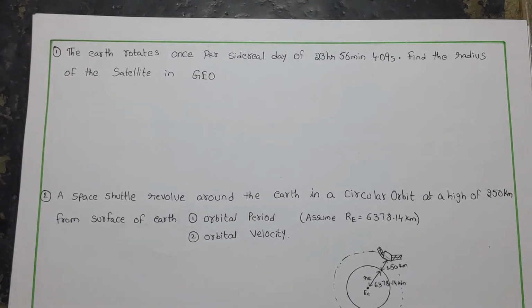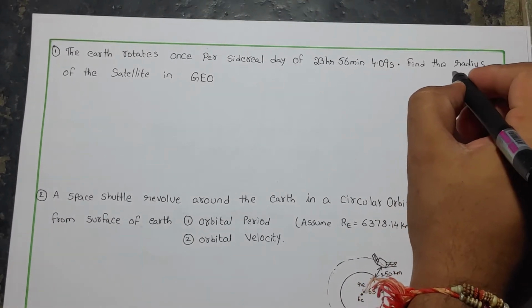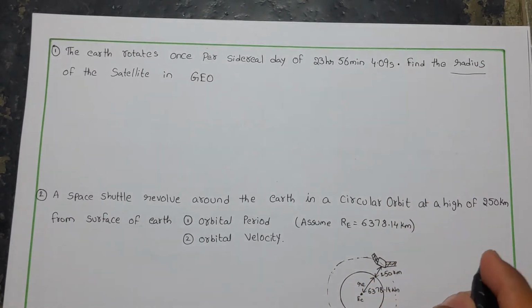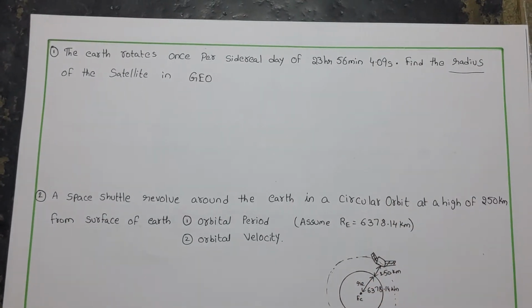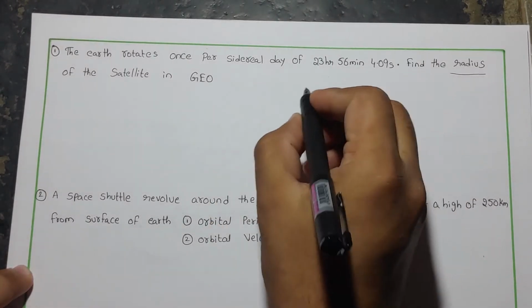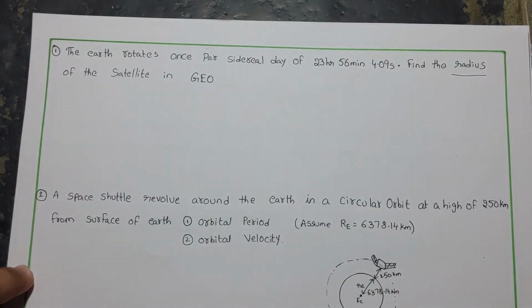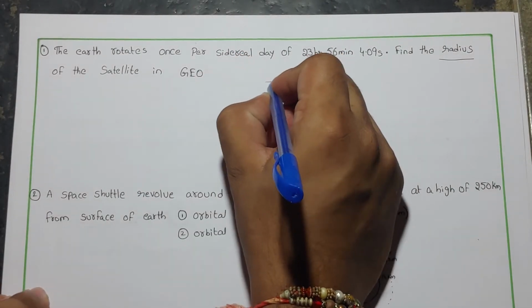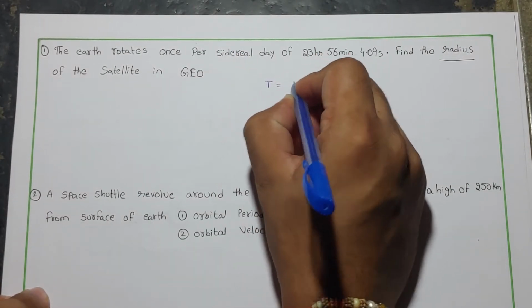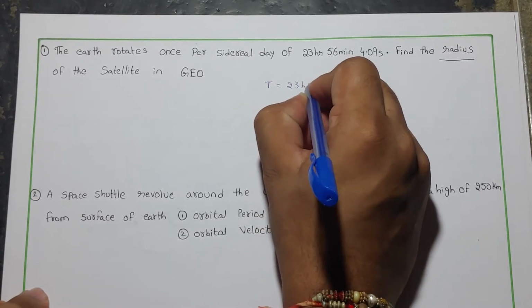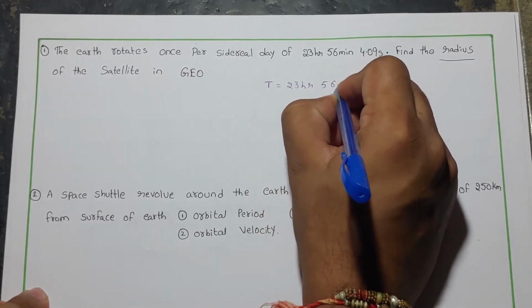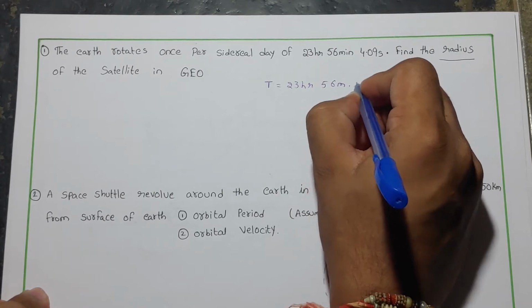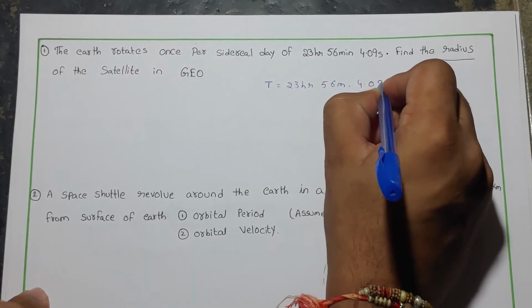Here we are asked to find the radius, and the time period is given. So T is equal to 23 hours 56 minutes and 4.09 seconds.